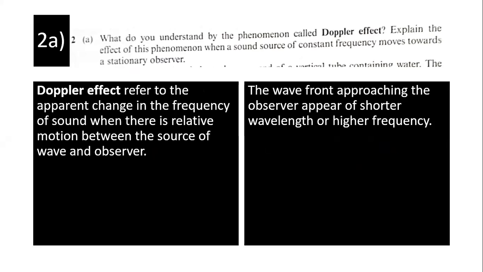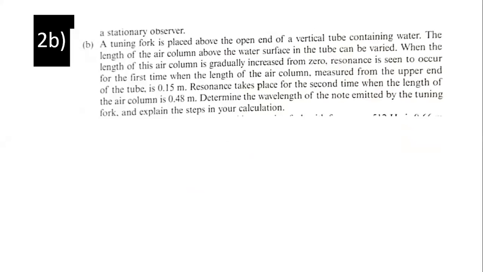Okay, let's go to 2B. A tuning fork is placed above the open end of a vertical tube containing water. The length of the air column above the water surface in the tube can be varied.